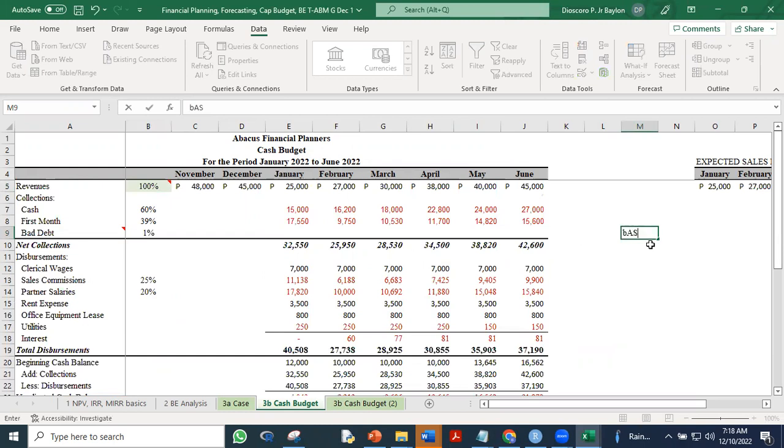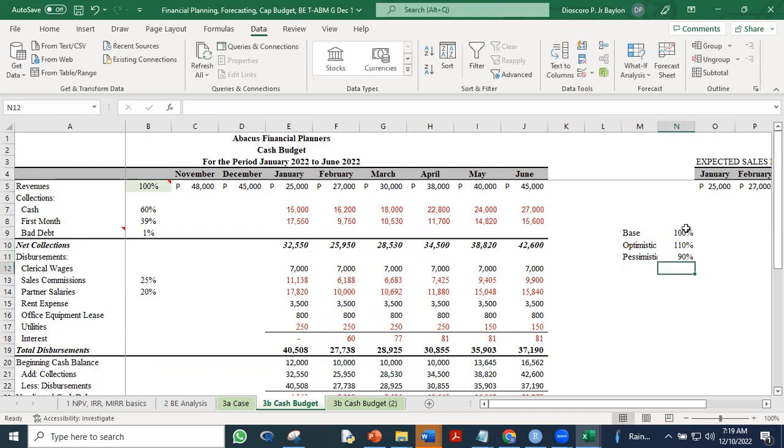For the base case, it's 100%. For the optimistic, it's 110%. For the pessimistic, it's 90%, 90% of your expected sales.